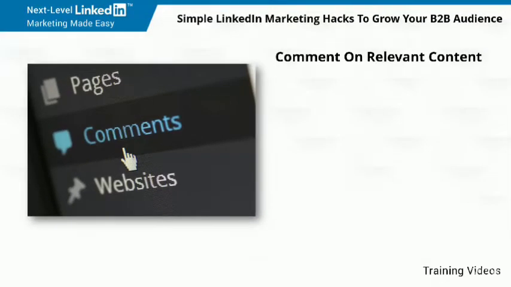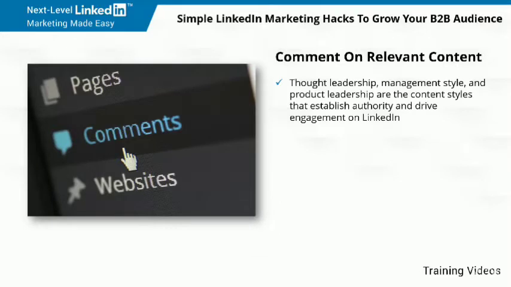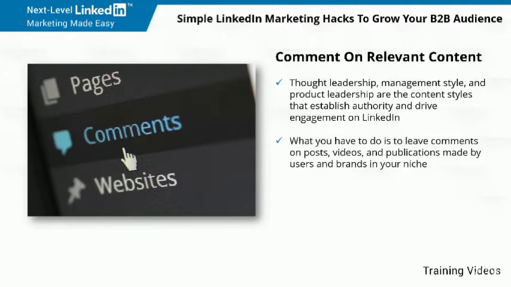Comment on relevant content. Thought leadership, management style, and product leadership are the content styles that establish authority and drive engagement on LinkedIn. And important as it is to create original content that builds authority for your brand, it is also important to establish authority by contributing to existing conversations in your industry. And you can do this simply by commenting on relevant content. What you have to do is to leave comments on posts, videos, and publications made by users and brands in your niche.